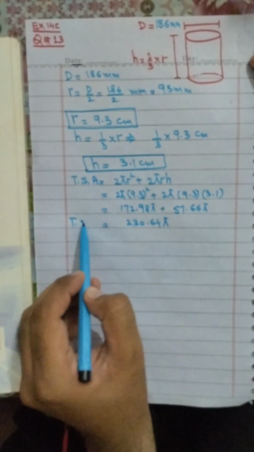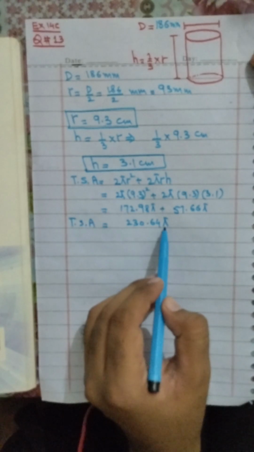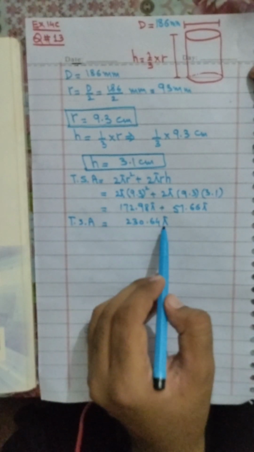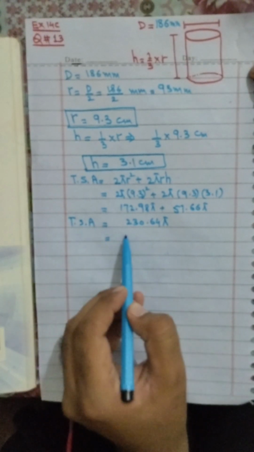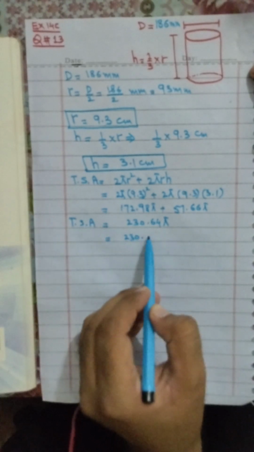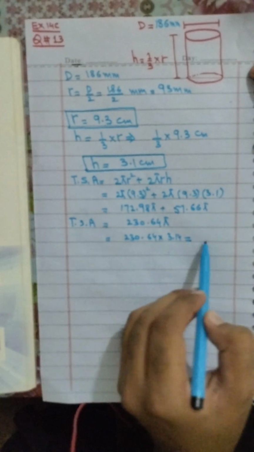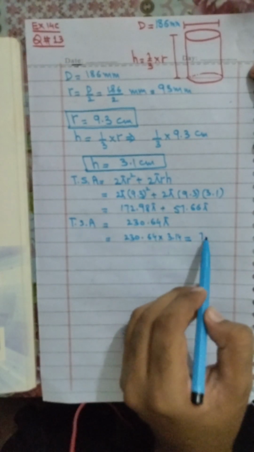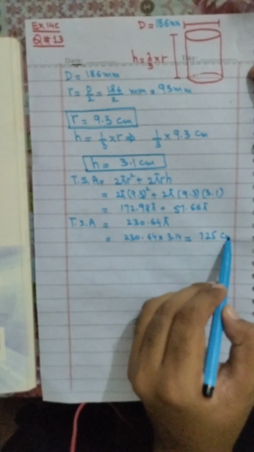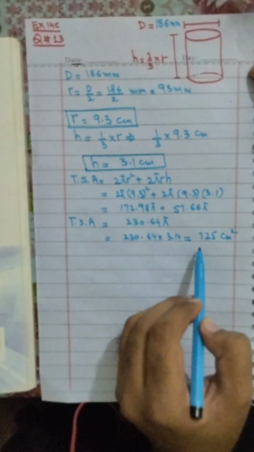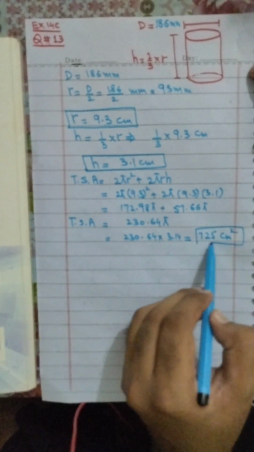So this is the total surface area of this container. When we put in the value of pi, we multiply by 3.14, and it becomes 725 centimeter squared.